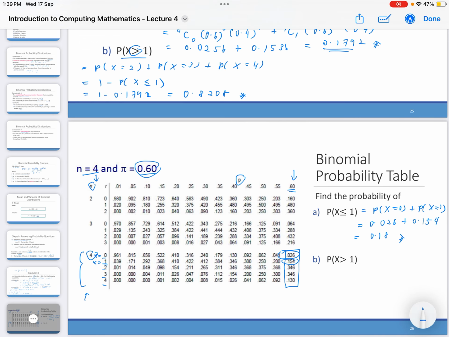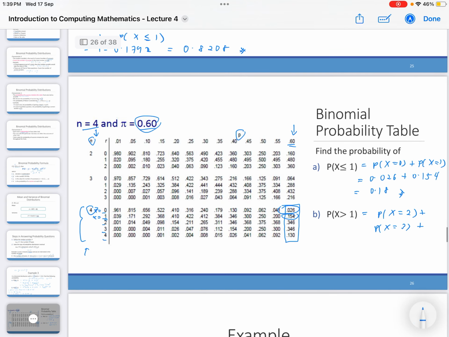So the same thing for this. This one is actually probability of x equals to 2 plus probability of x equals to 3 plus probability of x equals to 4. So basically this one is the 2. So 0.346, and then this one is the 3 plus 0.346, and then this one is the probability of x equals to 4 plus 0.130.